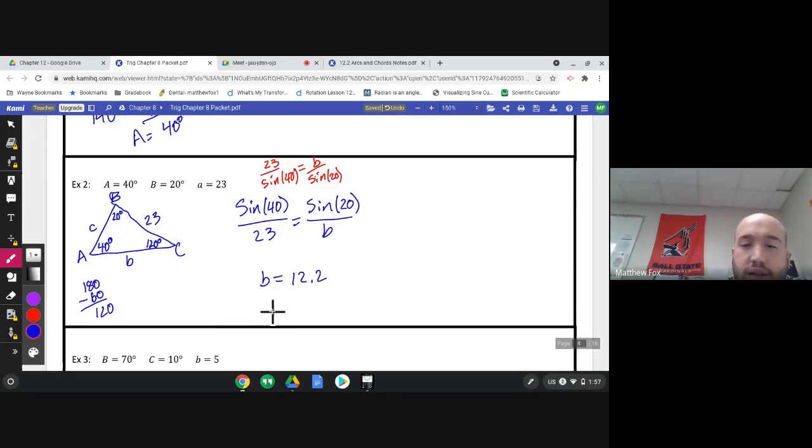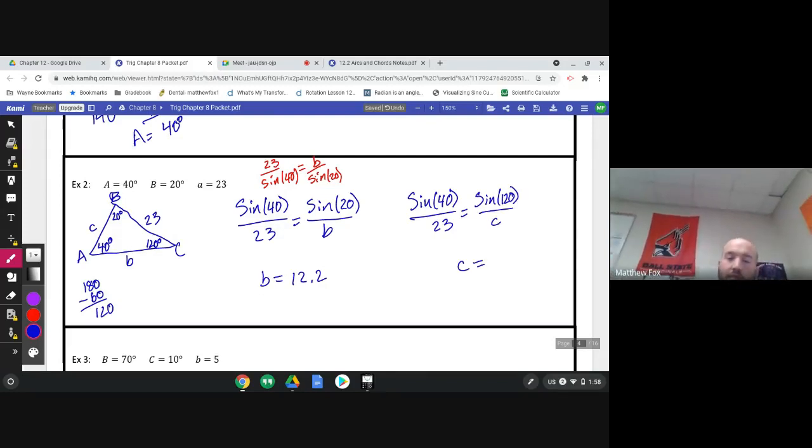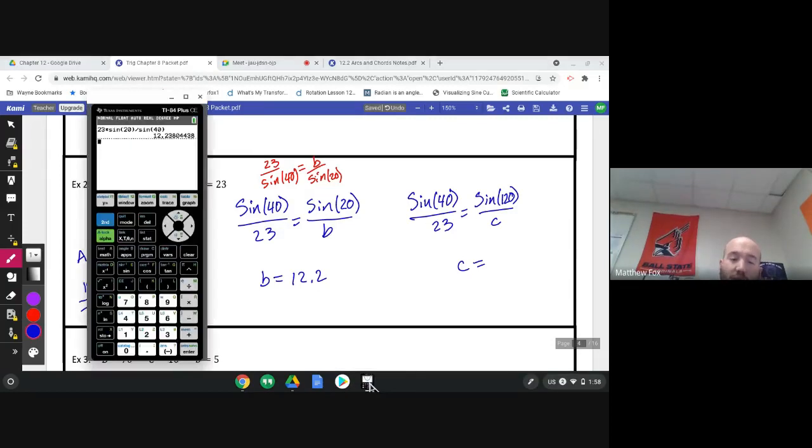Now we need to find c. So once again, I'll use the original one for a, so sine of 40 over 23. That will equal, then we said for c, so sine of 120 divided by c. So we cross multiply, it'll be 23 times that sine of 120.